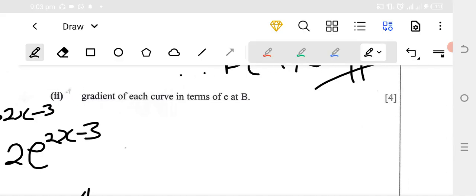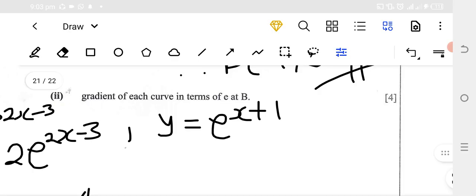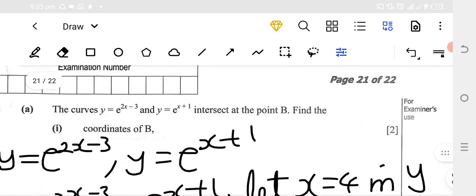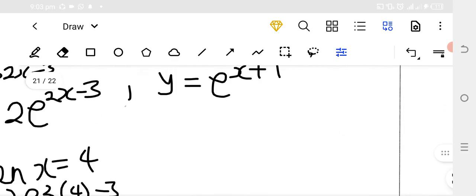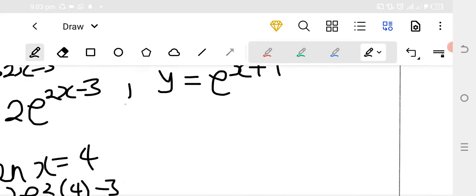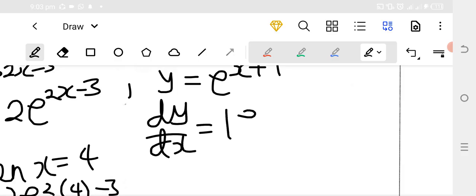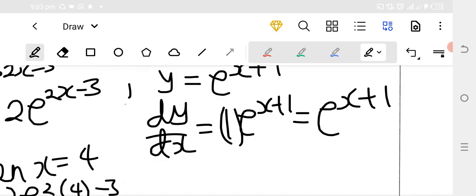Your second curve is y is equal to e to the power x plus 1. Is it? Yes. dy/dx is equal to 1 times e to the power x plus 1, which is just e to the power x plus 1.